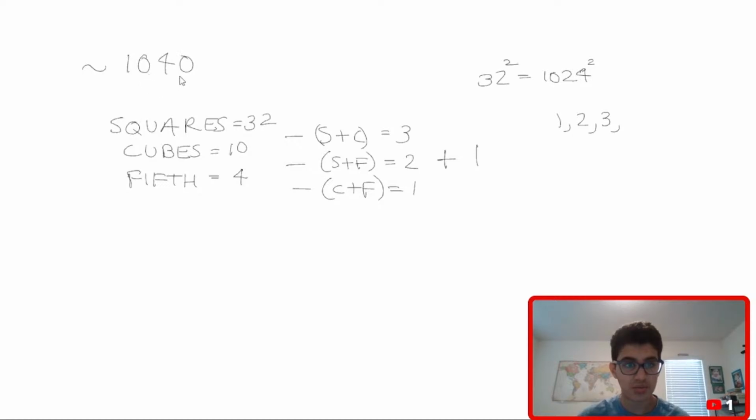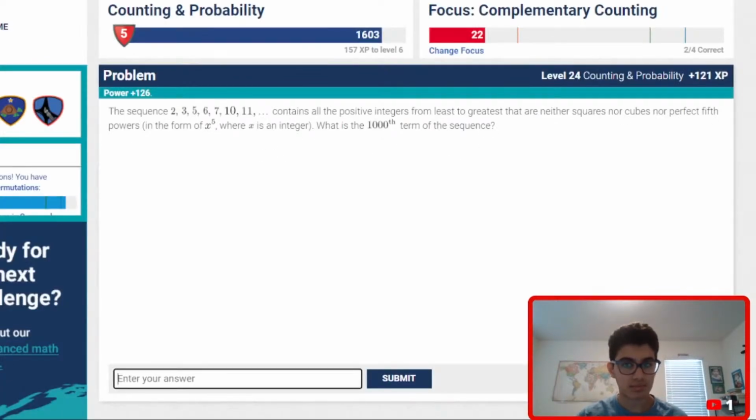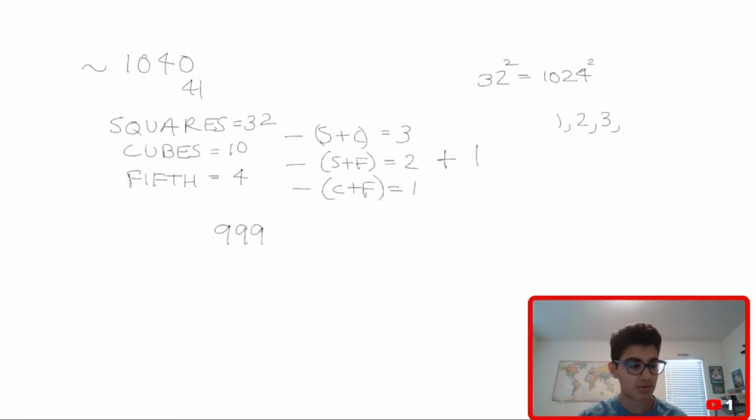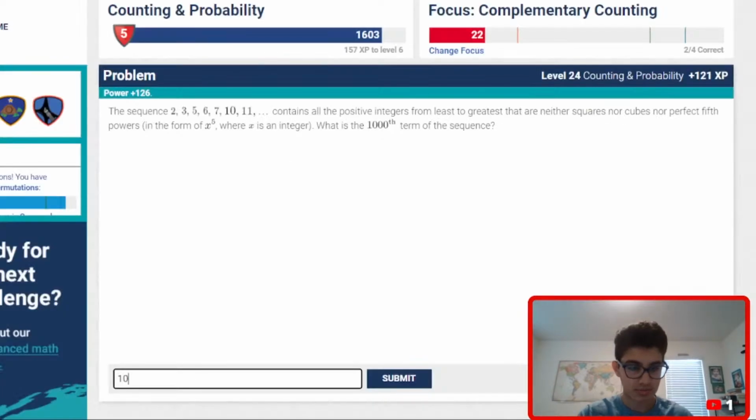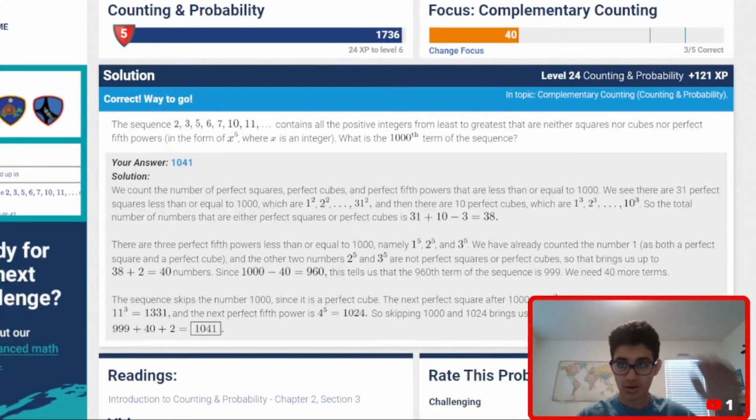So that means that there are 41 of these. So it's 1040 minus 41. So that would be 999. So we're like right there. So the next number that would work, the thousandth term, should just be 1041. Okay, great. We got it.